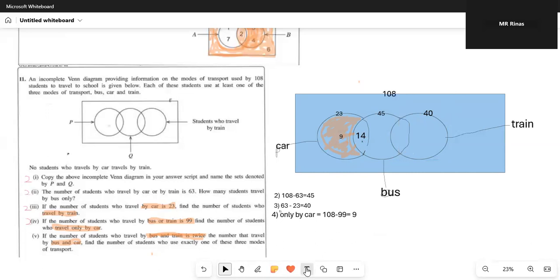This part is 2x. So here 14 means double of that is 28, right?